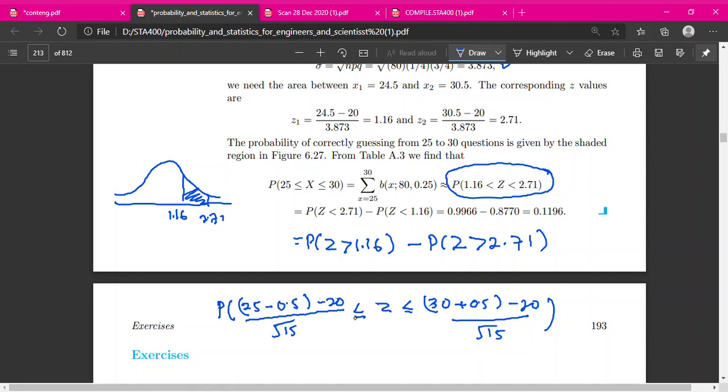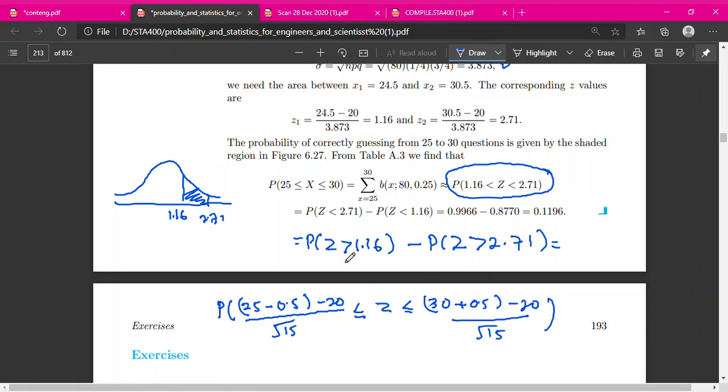Semua sekali kat sini, tolak yang sebelah sini, dapatlah tengah-tengah ni kan. Kalau nak gunakan less than table pun boleh. So, dia akan jadi 2.71, semua sebelah sini, tolak dengan sebelah sini, dapatlah yang tengah-tengah ni. Kedua-dua table pun boleh guna, tak ada masalah.